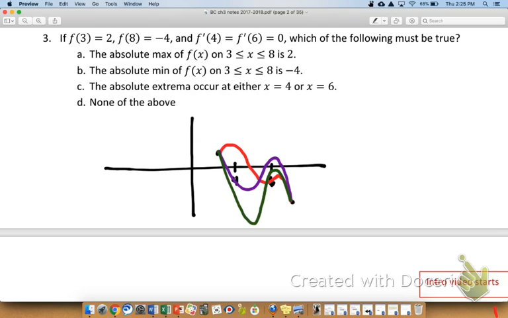Now there's one really important thing here that was not mentioned that actually has to be mentioned in order for any of this to be valid, like A, B, or C to be true at all. The function has to be continuous. It's the extreme value theorem. If you watched the intro or looked through the intro material, in order to guarantee a min and a max, you have to have a continuous function. And it didn't even say that this was a continuous function. So for several reasons, I would say the answer has got to be D.